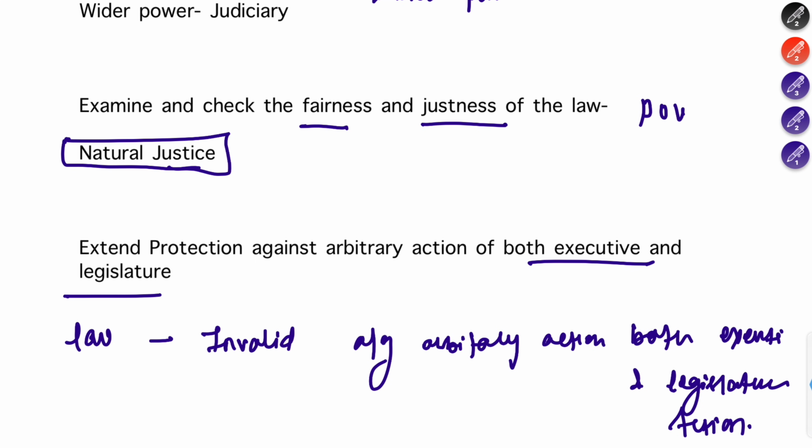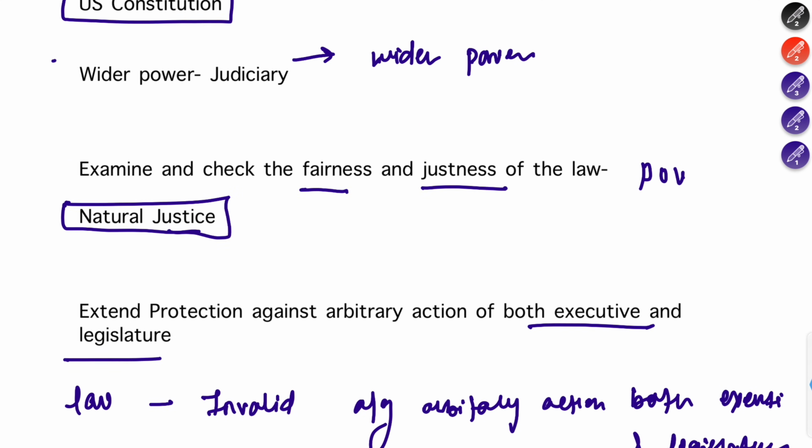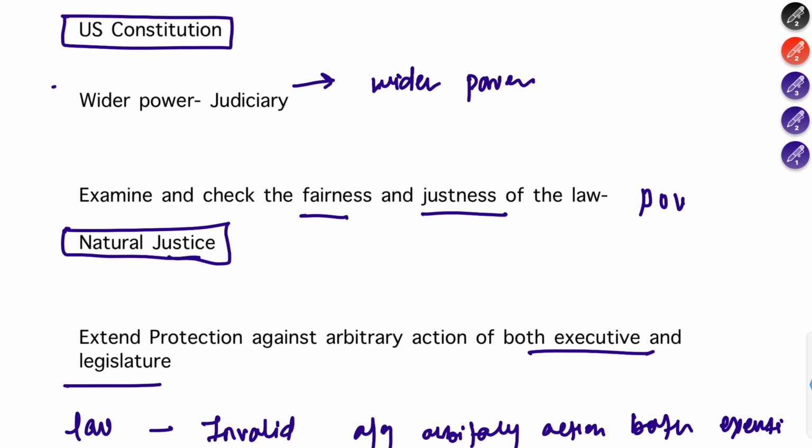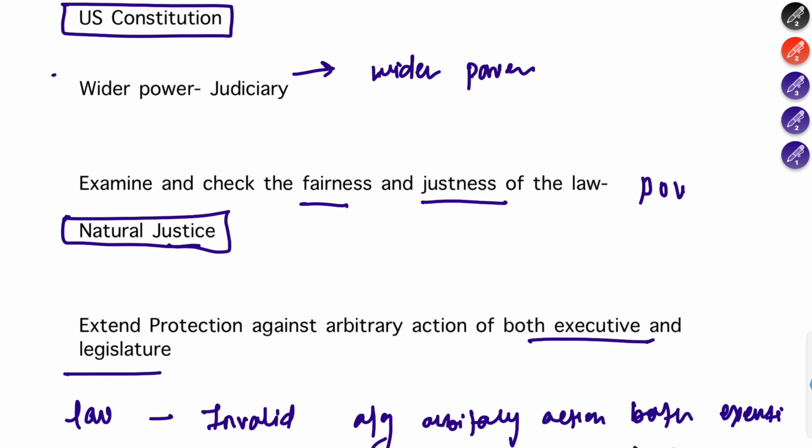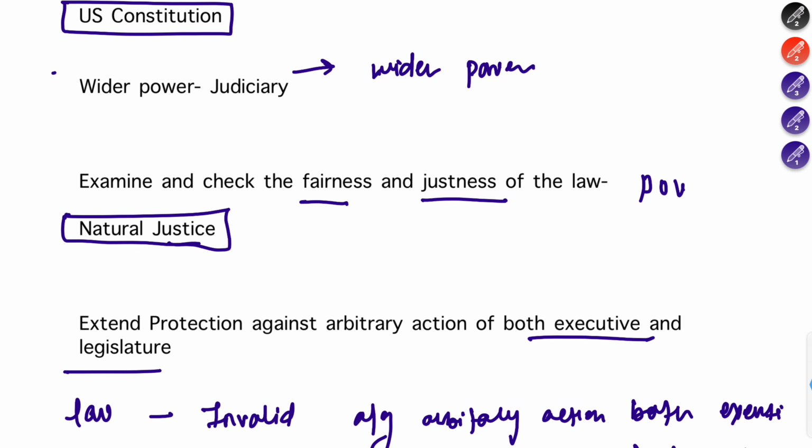So the key point of due process of law is that it confers wider power on the judiciary, where the court checks the fairness and justness of the law from the point of view of natural justice and extends protection against both arbitrary action of executive and legislature.